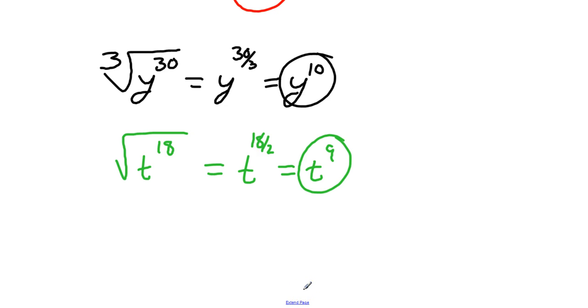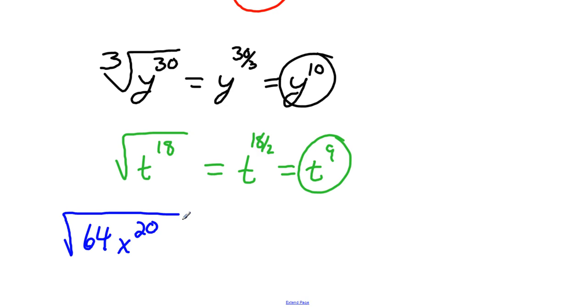Once you've got a few problems with just the variables, the next thing that they'll do is kind of give it to you in a 2-part. So they may do something like this, where you've got the square root of 64 and then x to the 20th. Now, here's the good thing with this one.